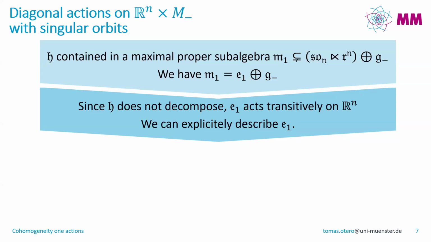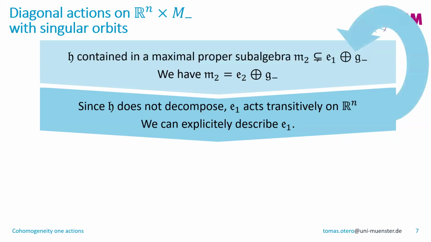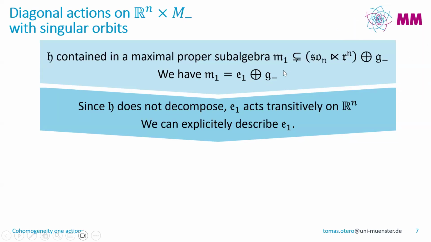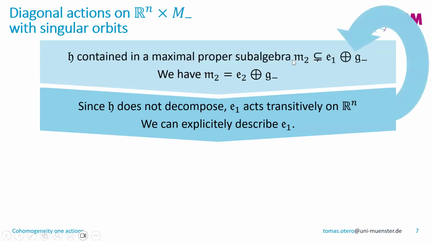And so H must be contained, because E1 plus G minus still acts transitively, in some maximal proper subalgebra here. But again, from this result of Alexeyevsky, we see that E1 has an abelian ideal, which really doesn't like to be together with a non-compact semi-simple Lie algebra.